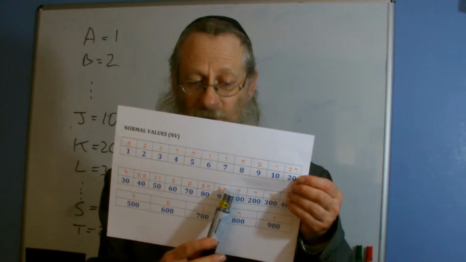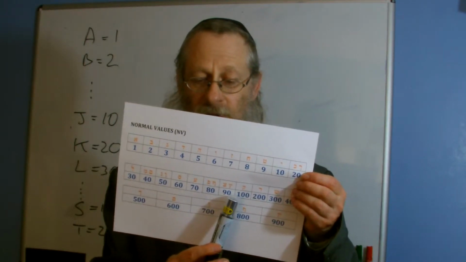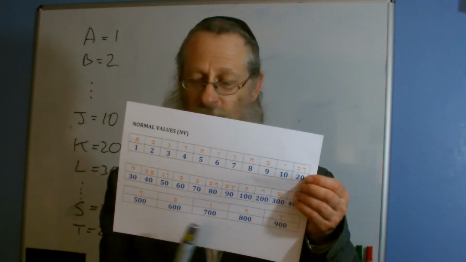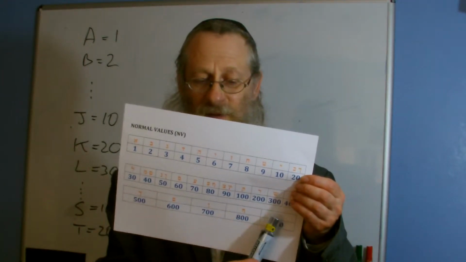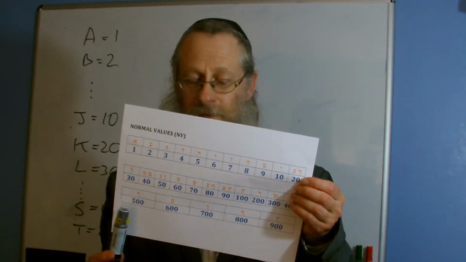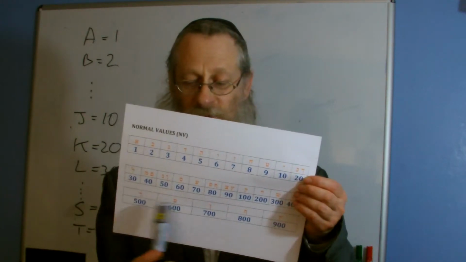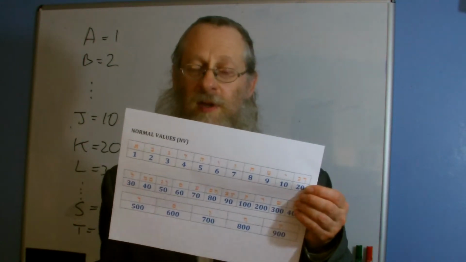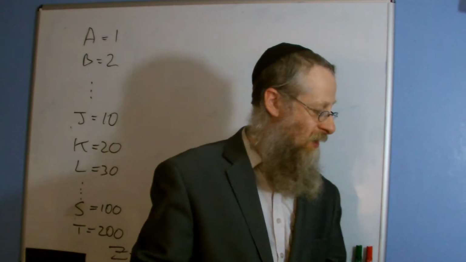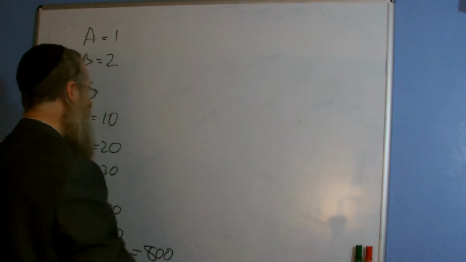The tzadi, for example, is 90, and the final tzadi can be 90 as well, or it can be 900, because you can put these 5 final letters at the end of the alphabet. And so it goes from 400, 500, 600, 700, 800, 900, and you get up to 900. English gets to 800. So with that system, we can look at the word line.